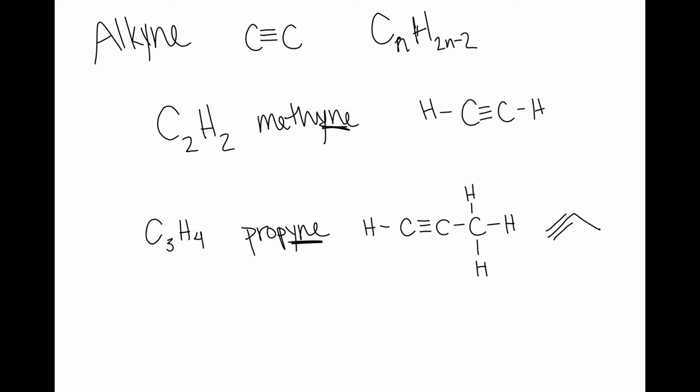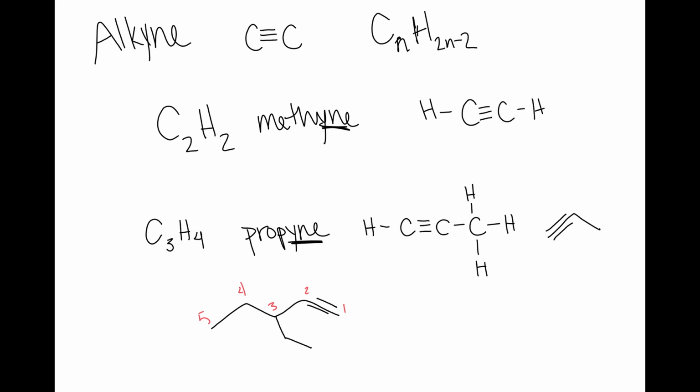I'm going to do one more example, but it's going to be a little bit more complicated. Okay, so step 1, count the parent chain. 1, 2, 3, 4, 5.